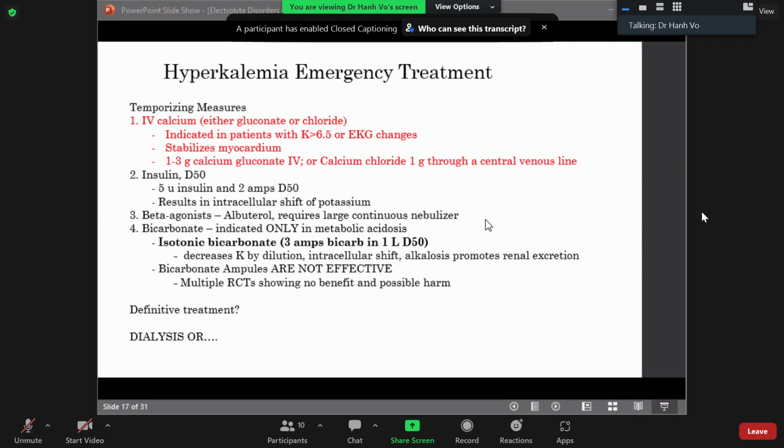So if no one has an answer, in the past we used Kayexalate, but it is no longer generally recommended because of limited evidence to demonstrate the benefit, and it may cause bowel necrosis. So now we don't use Kayexalate in the ED.